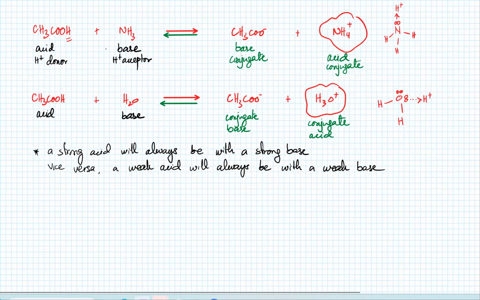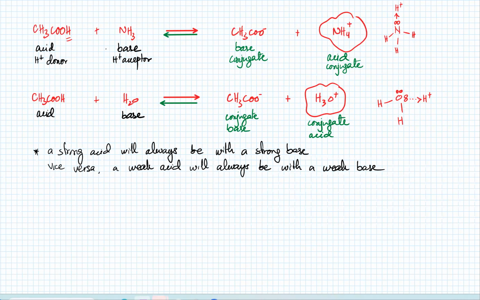So every acid will have a conjugate base, and vice versa.